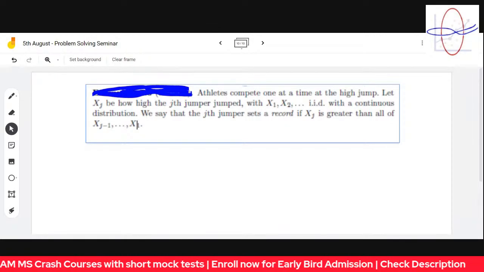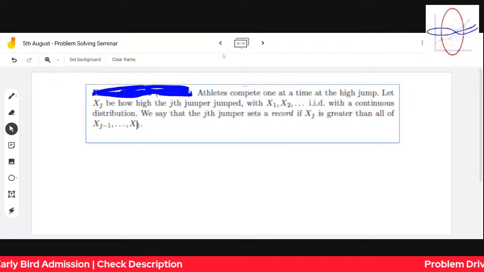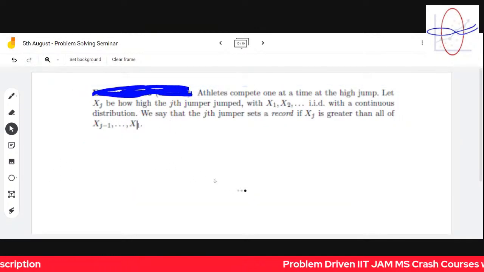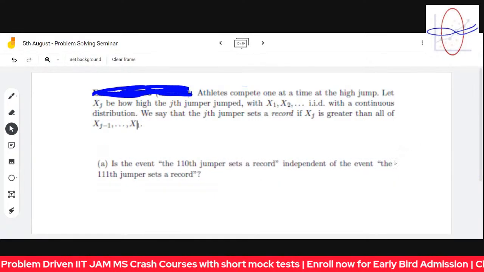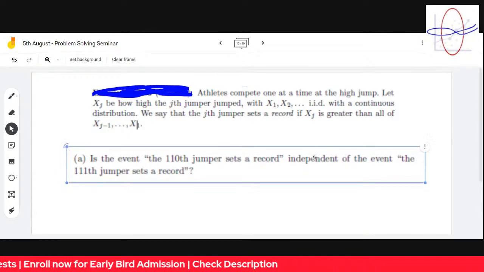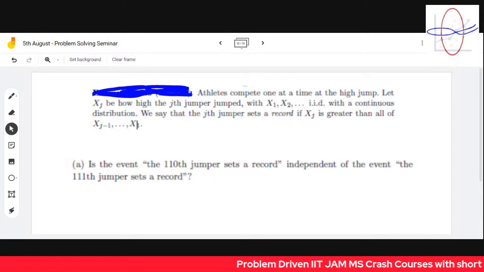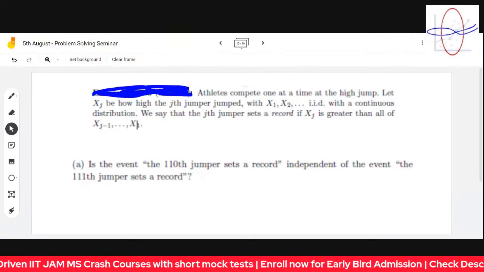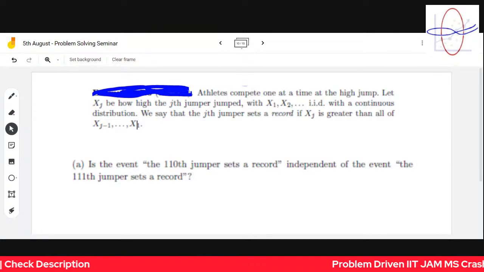The first question is this. Is the event that the 110th jumper sets a record independent of the event that the 111th jumper sets a record? An event is something whose probability we calculate. So the question is whether the event that the 110th jumper sets a record is independent of the event that the 111th jumper sets a record.